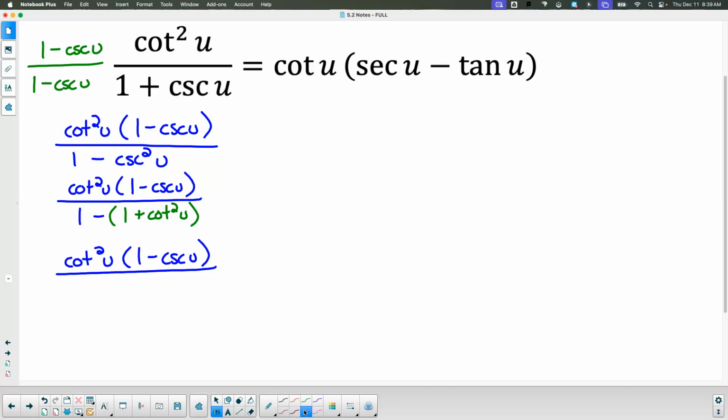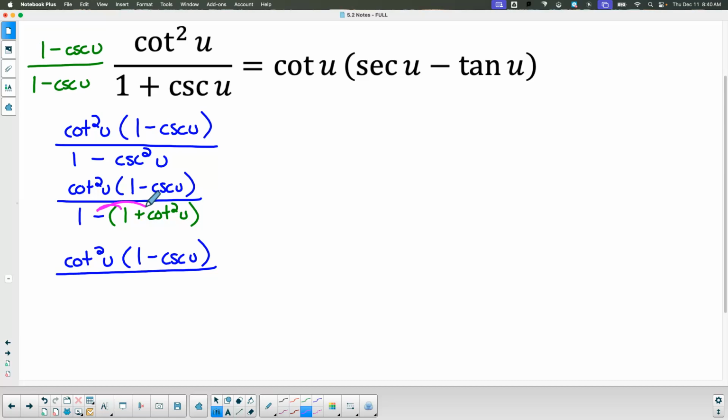Didn't distribute. The negative would have to go there, and it would have to go there.